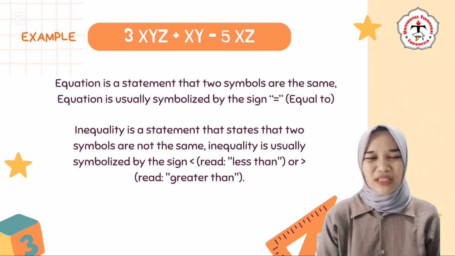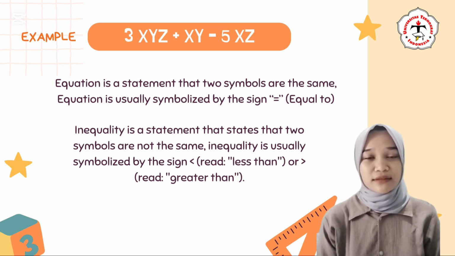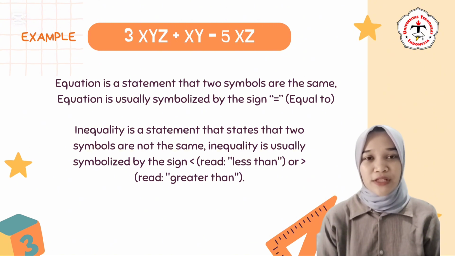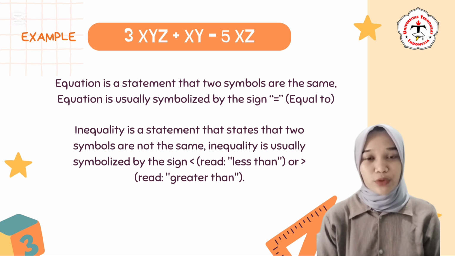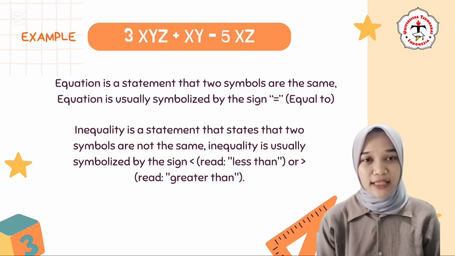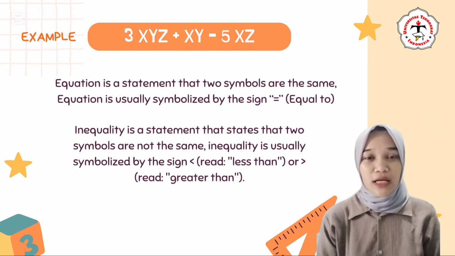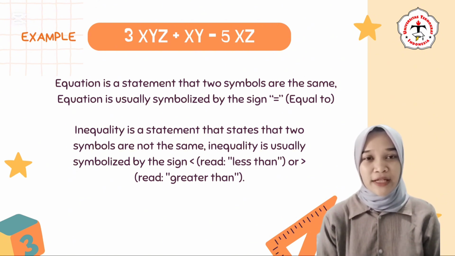The terms in the symbol are +3xyz, +xy, and -5xz. The first term has four factors, namely +3, x, y, and z. The second term has two factors, namely +x and y. And the third term has three factors, namely -5, x, and z.